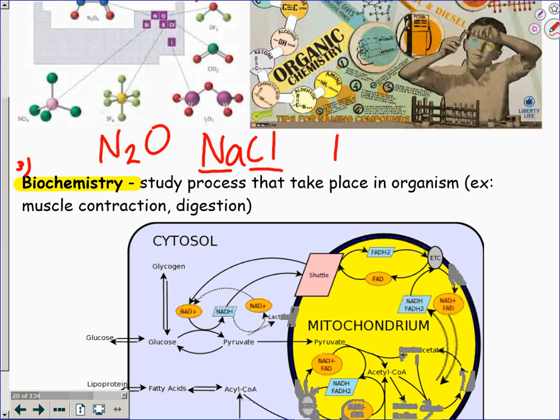Okay, so organic and inorganic are quite easy. They're basically opposites. Biochemistry, bio, what's that prefix mean? Life. So it's talking about just the chemistry within life. And life is not just us humans and other animals. It's also microbes, it's also plants. So photosynthesis and cellular respiration could be two processes that are categorized under biochemistry.